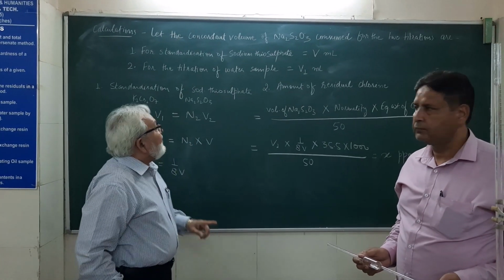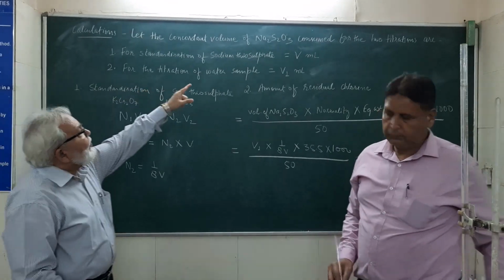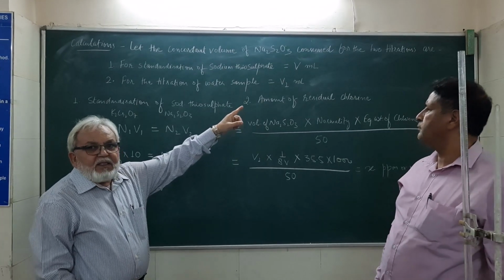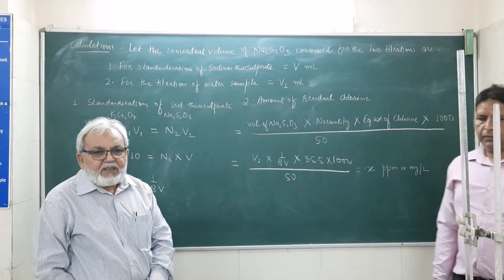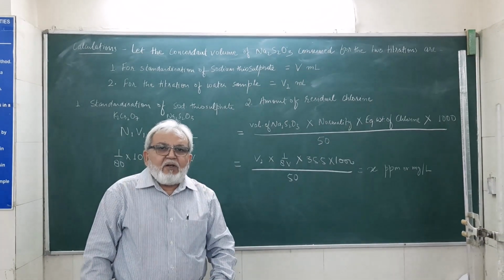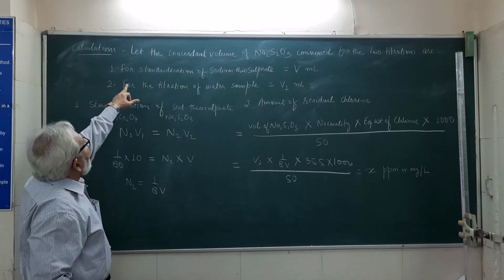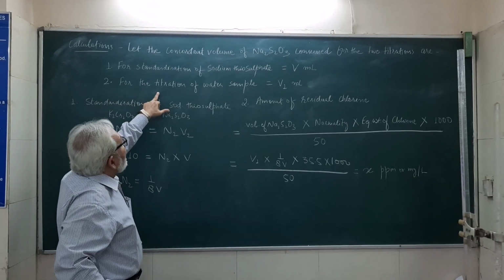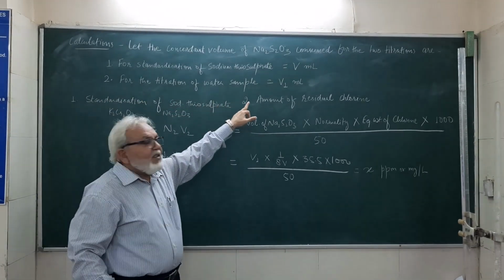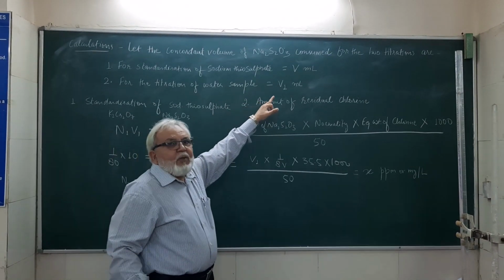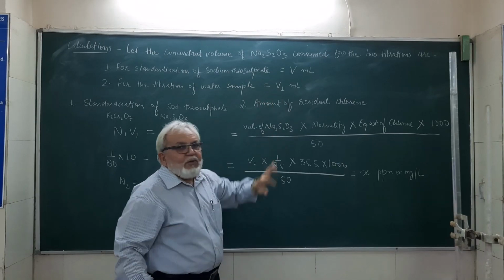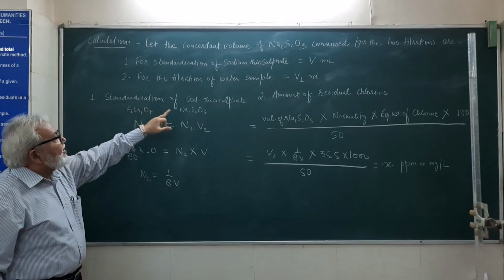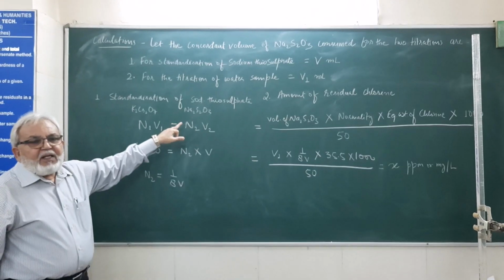So regarding the calculation, let us assume that the volume of sodium thiosulfate consumed for the two titrations, that is standardization of sodium thiosulfate, and the second one is determination of chlorine, are number 1 for standardization equals V ml, and for the titration of the water sample for residual chlorine, the concordant volume of sodium thiosulfate consumed equals V1 ml.